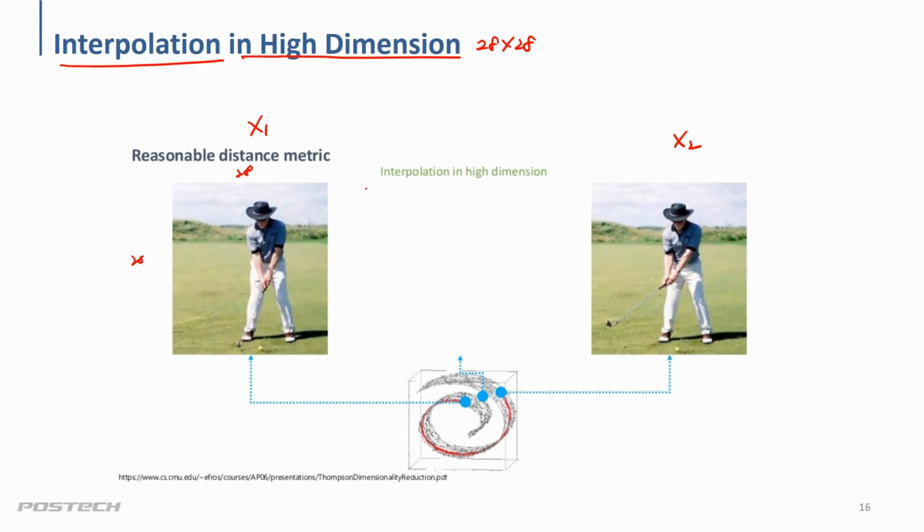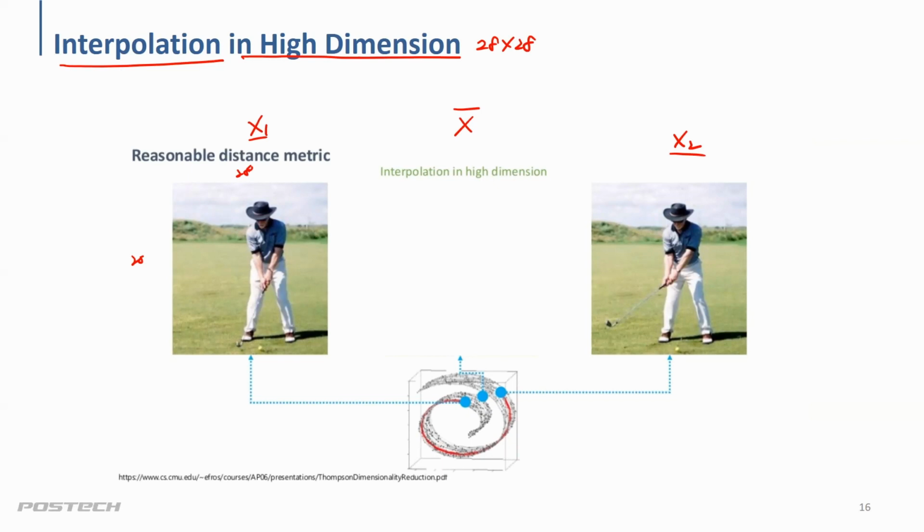And if you say this is x of 1 and x of 2, and trying to get maybe x in the middle, I'm trying to interpolate in the original space, what will be the image between x of 1 and x of 2. What kind of image?